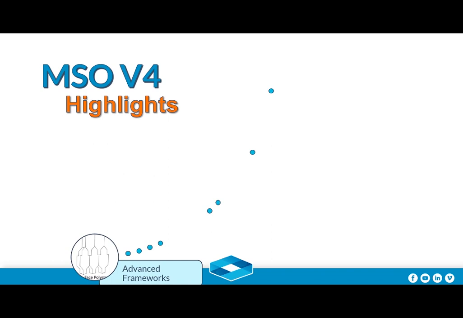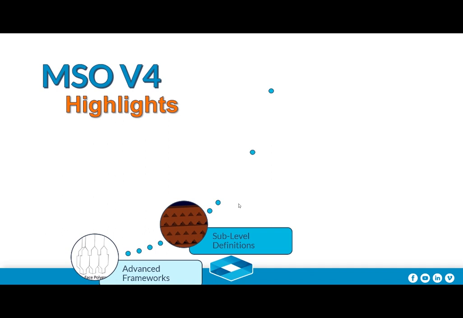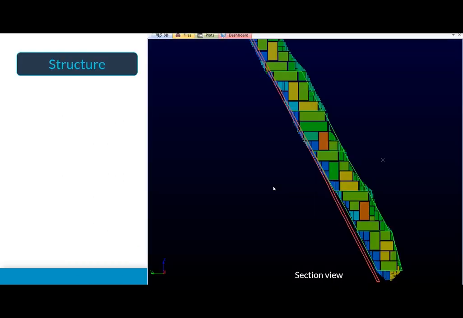We looked at advanced frameworks, where you get these polygon faces where you could recreate sublevel caving stopes. The sublevel definition, where you can have control to vary a little bit, let your geometry float, and then optimize your result.